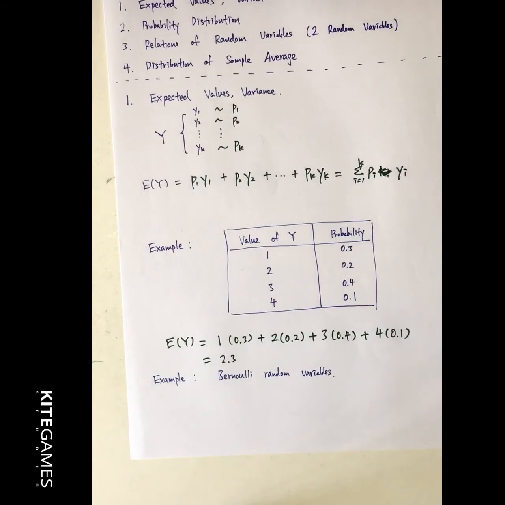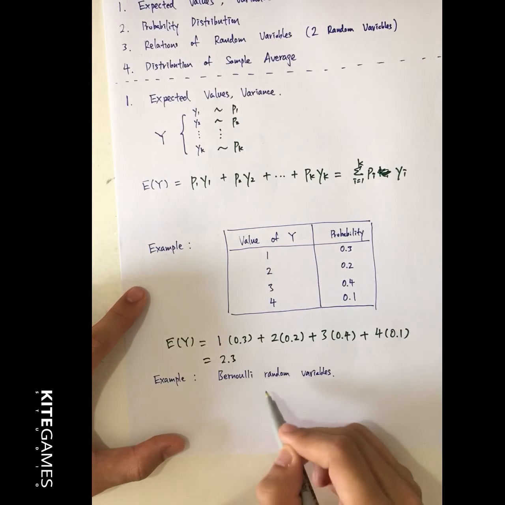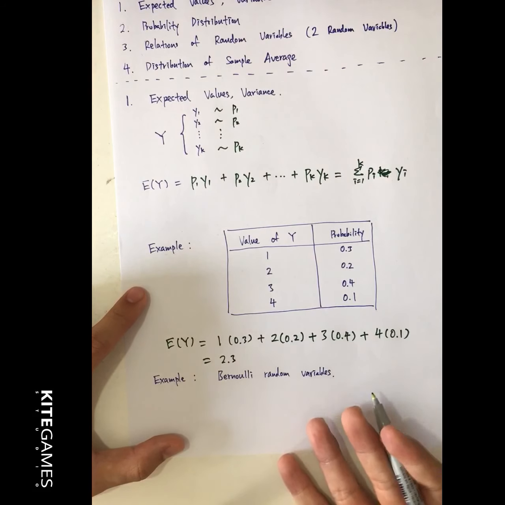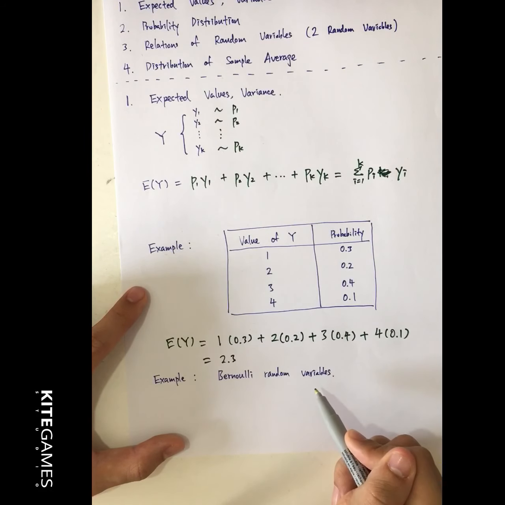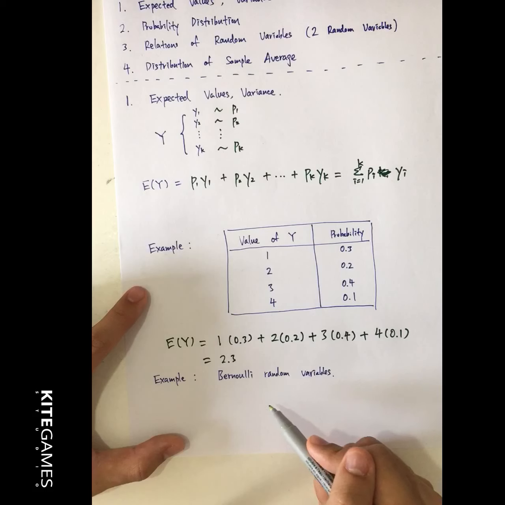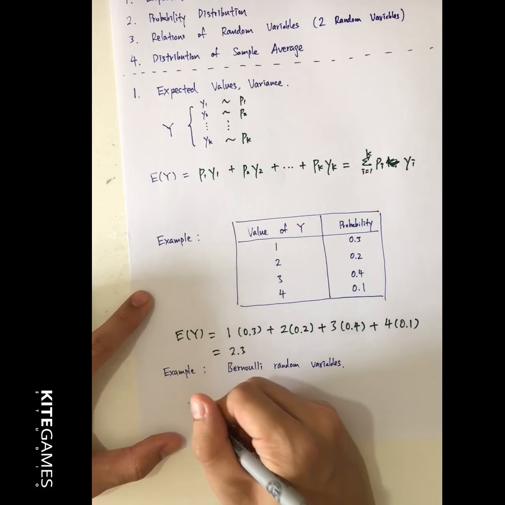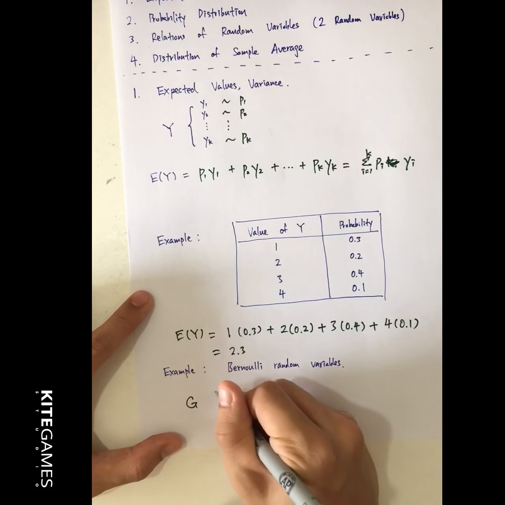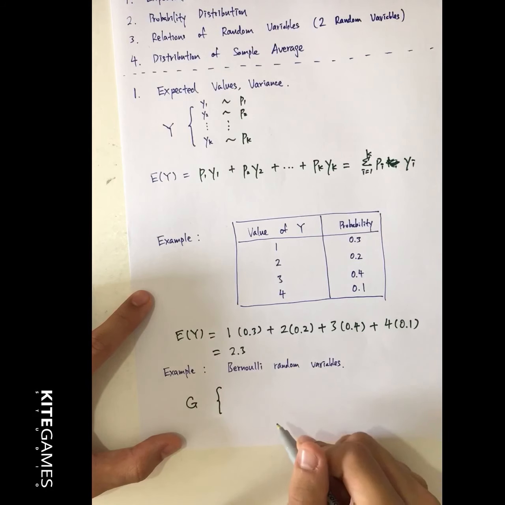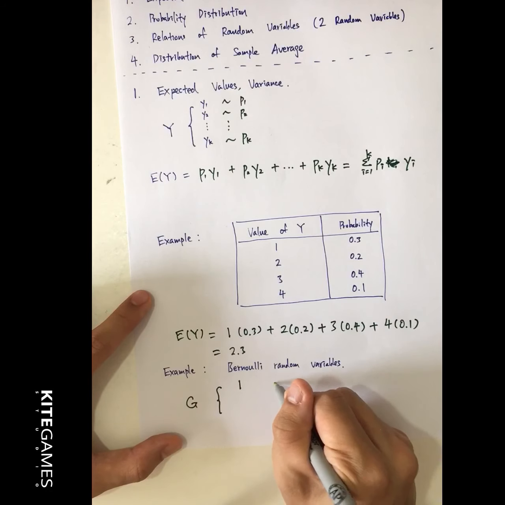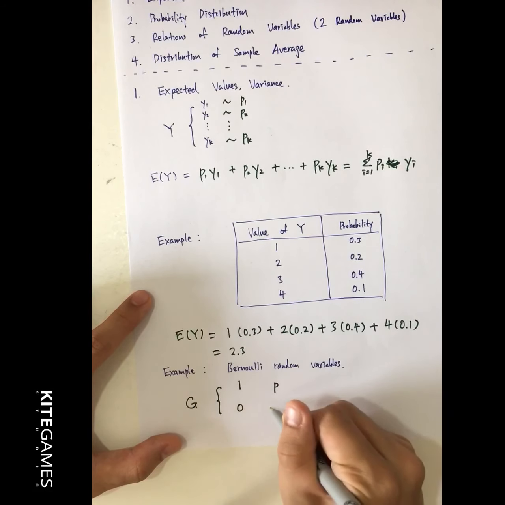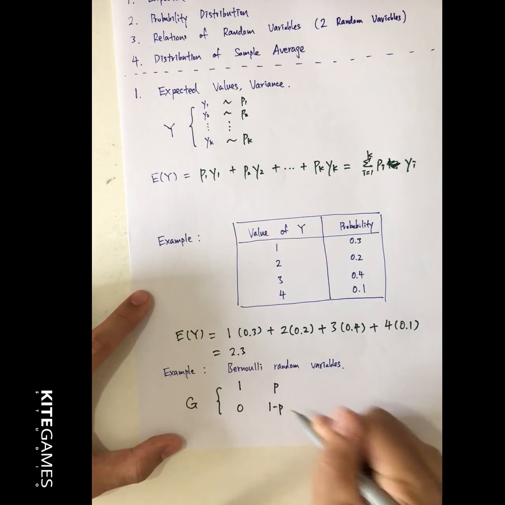So easy, right? Next, take a look at a special random variable distribution, which is called the Bernoulli distribution. The Bernoulli random variable, g, can take the value 1 with probability p and 0 with probability 1 minus p.